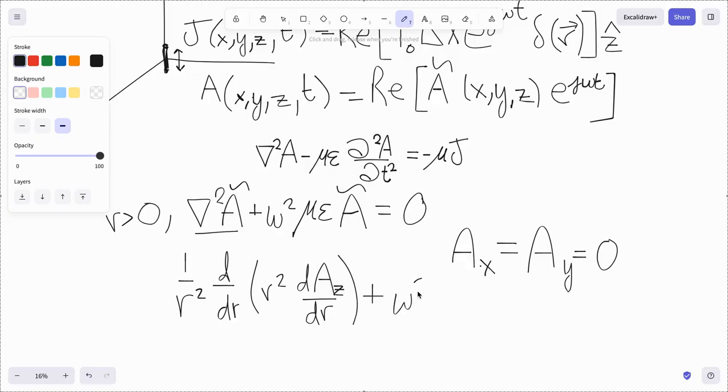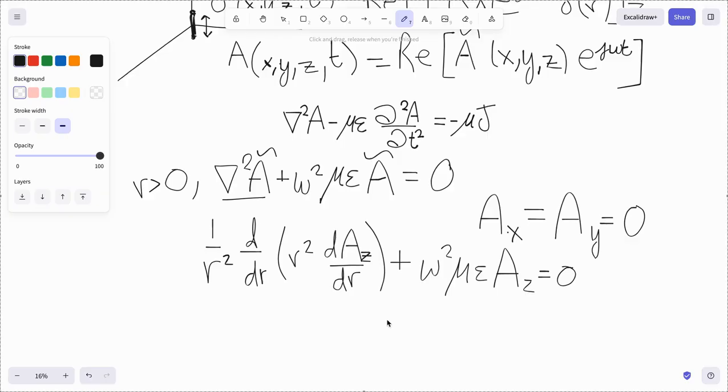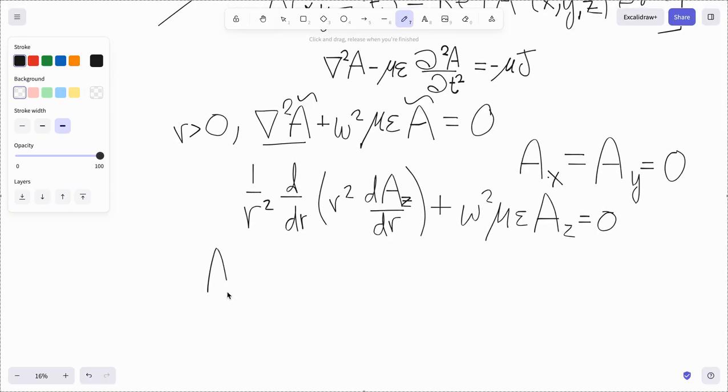So let me write down the rest of the equation. This looks very similar to the equation that we got from the last video, but we can just write this as mu times I delta.